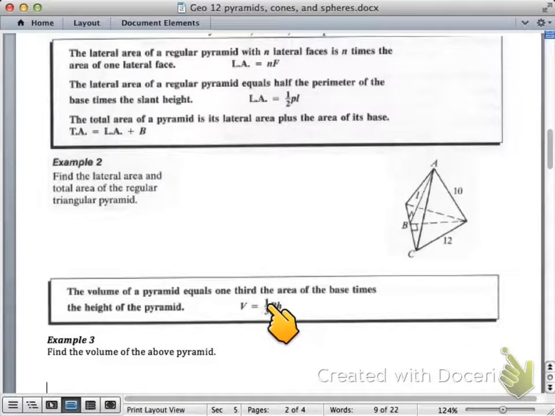It's as if the 1/3 is not there. So the difference between a pyramid and a prism is multiplied by 1/3. I would show you this in class, and the video I'm going to want you to see shows this too. 3 pyramids will fill up a prism that has all the same other dimensions. This formula right here is the one you're going to be using.